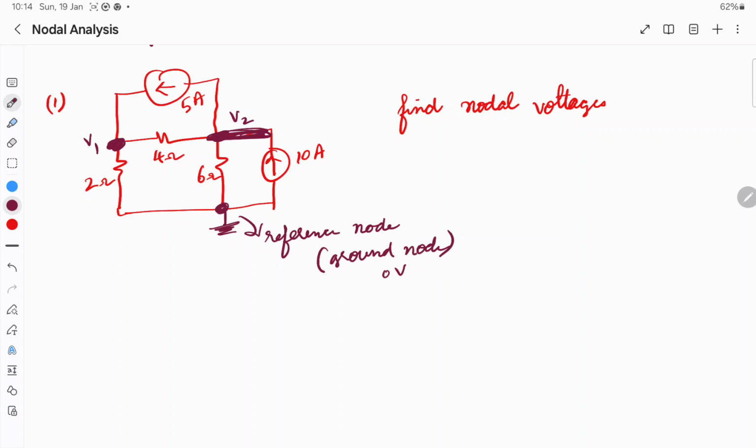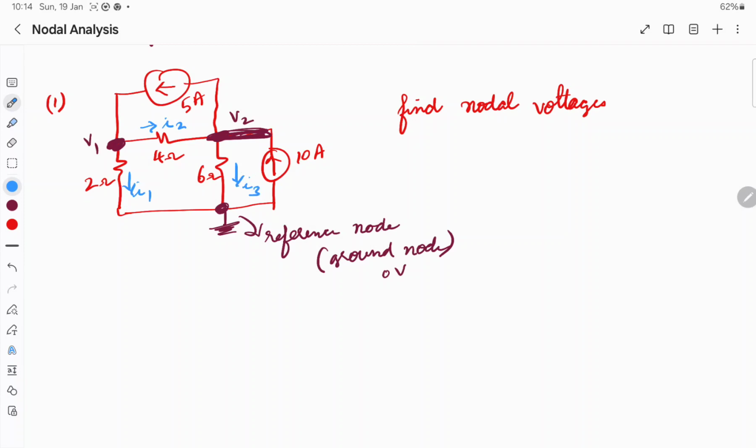We have to apply Kirchhoff's current law for each of the nodes. Let me assume the current flowing through 2 ohms is I1, through 4 ohms is I2, and through 6 ohms is I3.